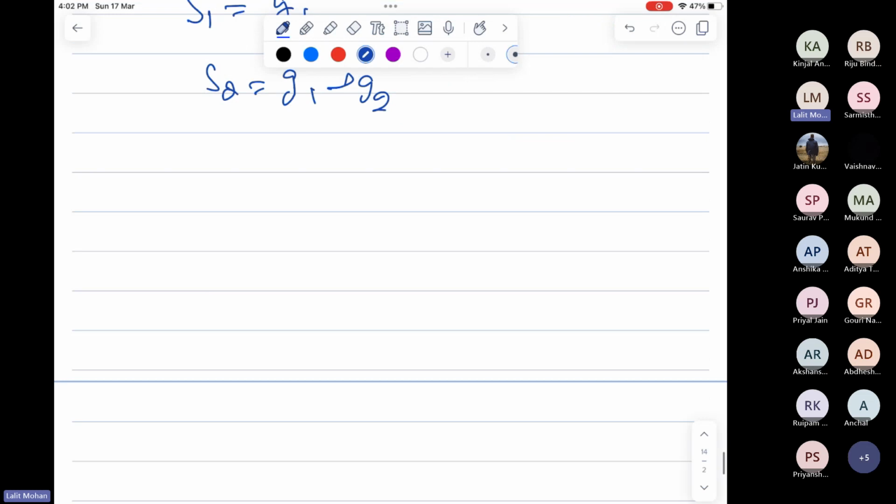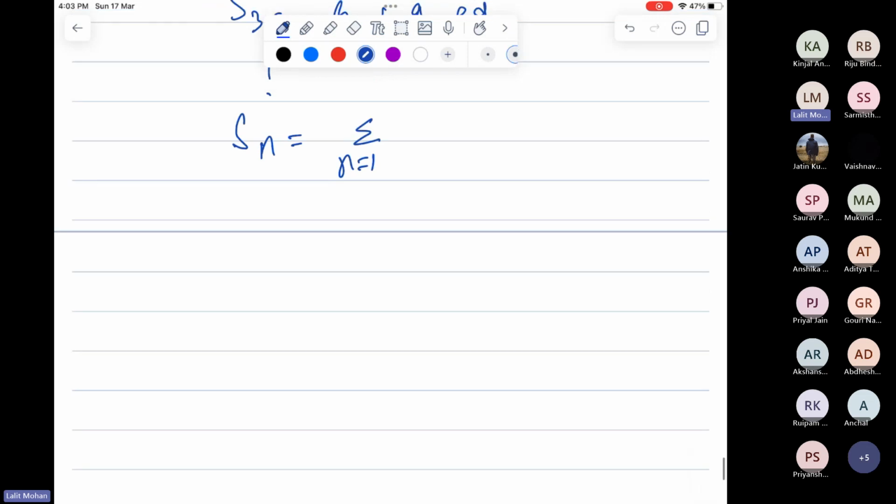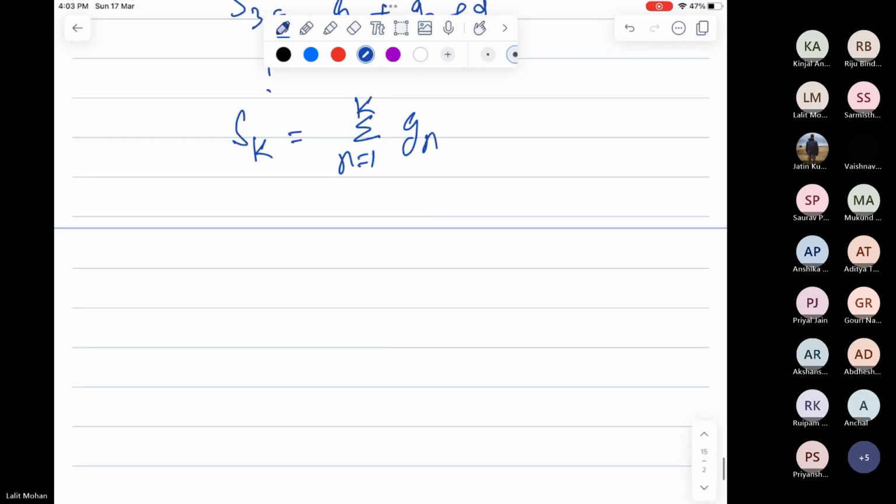Basically just like you did with numbers, same thing we will do in function type, sequence of partial sums. S3 is G1 plus G2 plus G3, and so on. So S_k is the sum of G_n for n from 1 to k, right?